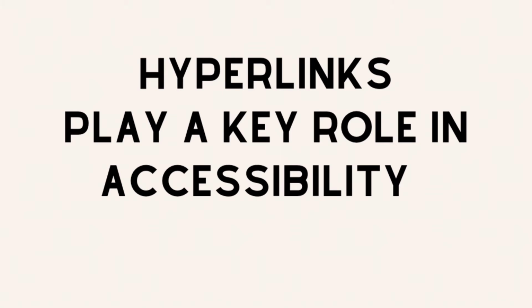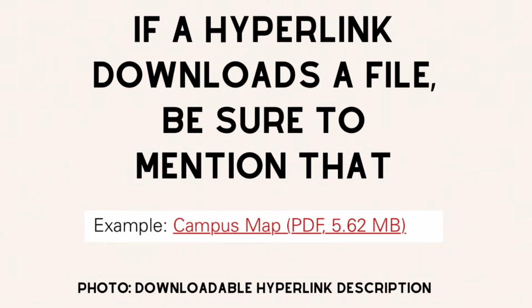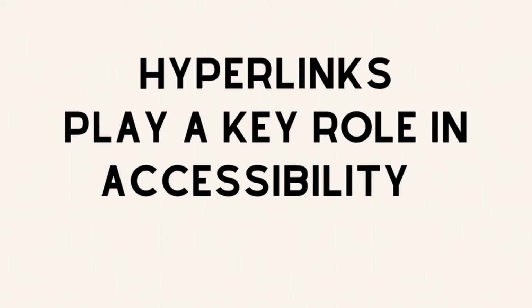A few reminders that I want to point out when you are choosing to hyperlink information. It's important that you mention what type of file within your hyperlink description. I know many of us have used hyperlinks, and I myself have been guilty of utilizing hyperlinks and forgetting to include what type of file.